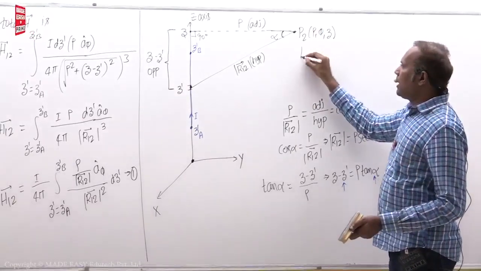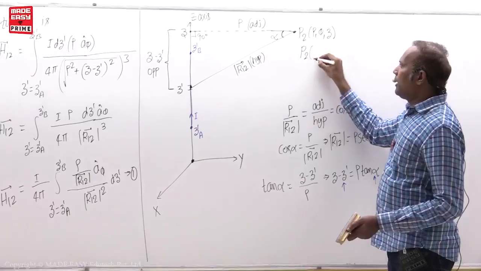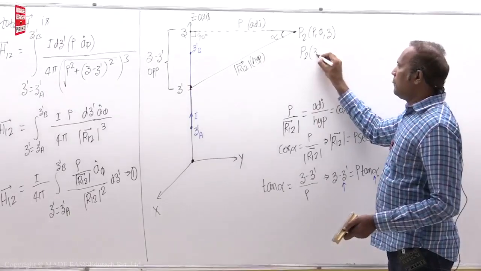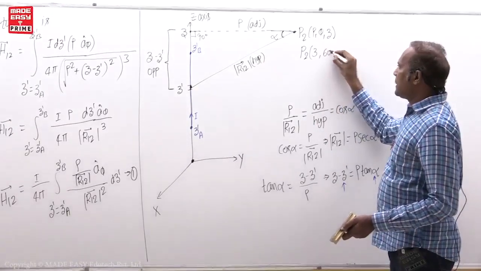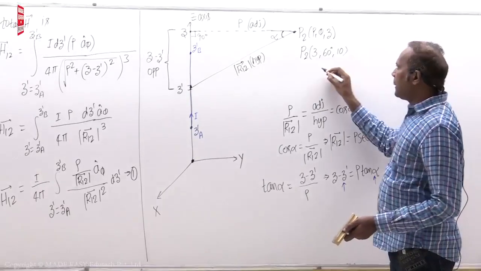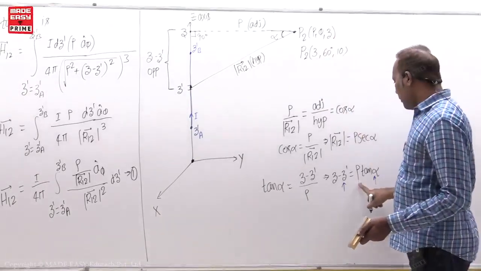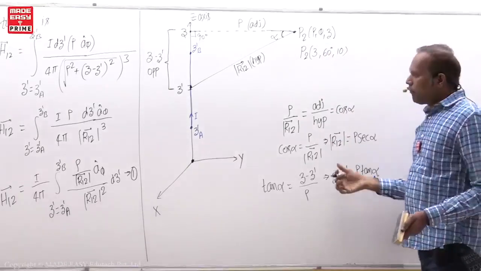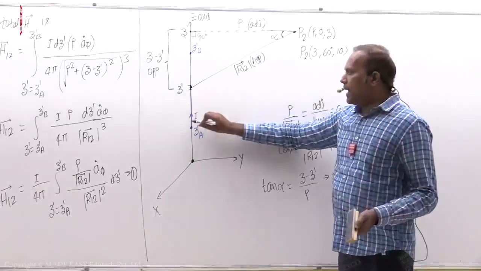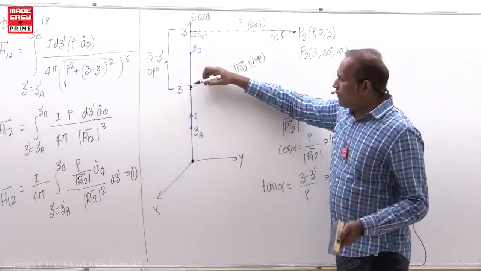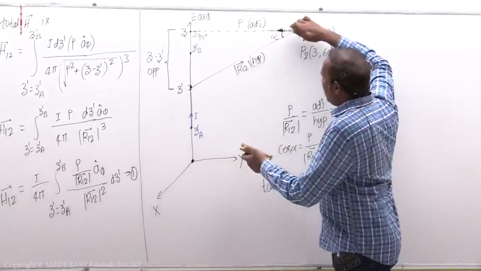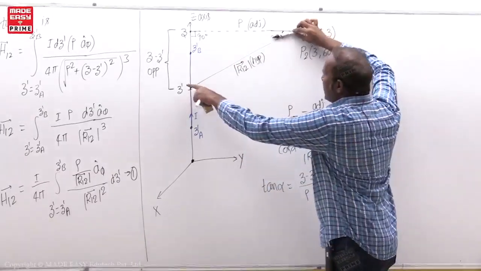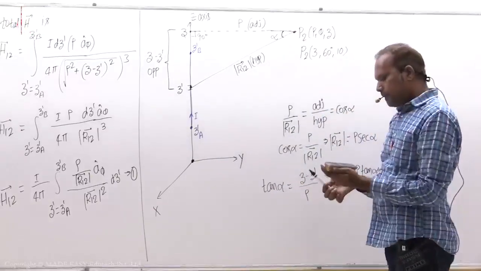For example, if anybody asks me, I want the field at 3 meters, 60 degrees angle, then 10 meters height, then this rho value and z value is fixed, and for this line this z dash height is changing. If this z dash height changes, then this angle also changes.